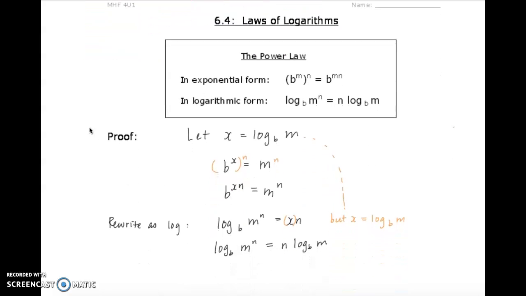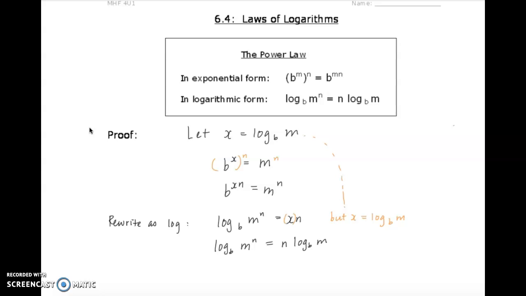So in today's lesson, on laws of logarithms, we will first be talking about the power law. The power of an exponential function, or of powers, is b to the power of m to the power of n. You multiply the exponents, that's b to the power of mn.